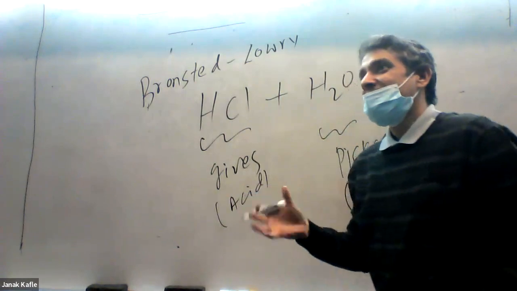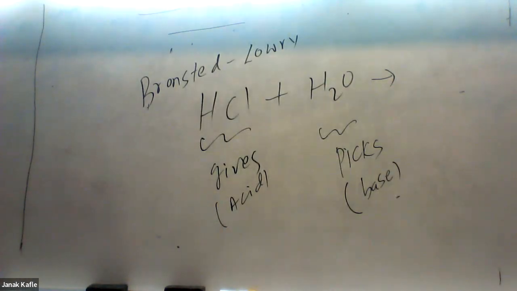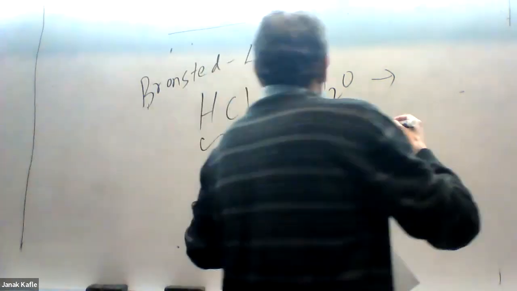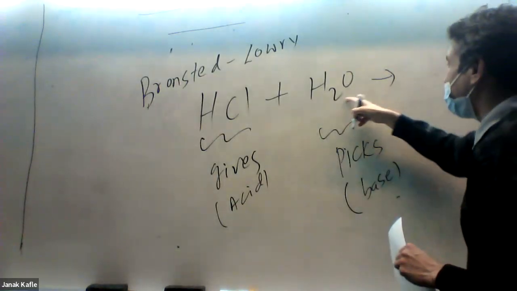Everybody got that? So you mix these two things. One guy gives H plus and another guy picks that H plus. So that which picks the H plus is called base, which gives the H plus is called the acid. So let's write this one. This is going to give this H to this guy. So this is H2O.